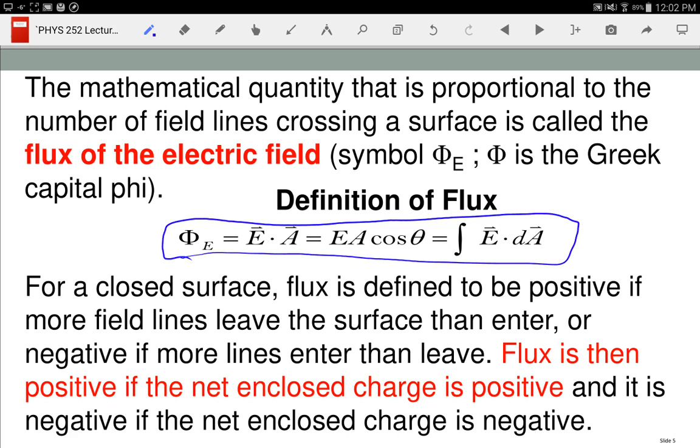So if the electric field is changing, wouldn't that be the d, like dE times A? The electric field is changing, but when I do the integral, I'm doing it over the surface, not over everywhere the electric field exists. I'm doing it only where the electric field is going through the surface. So that's why it's a dA.